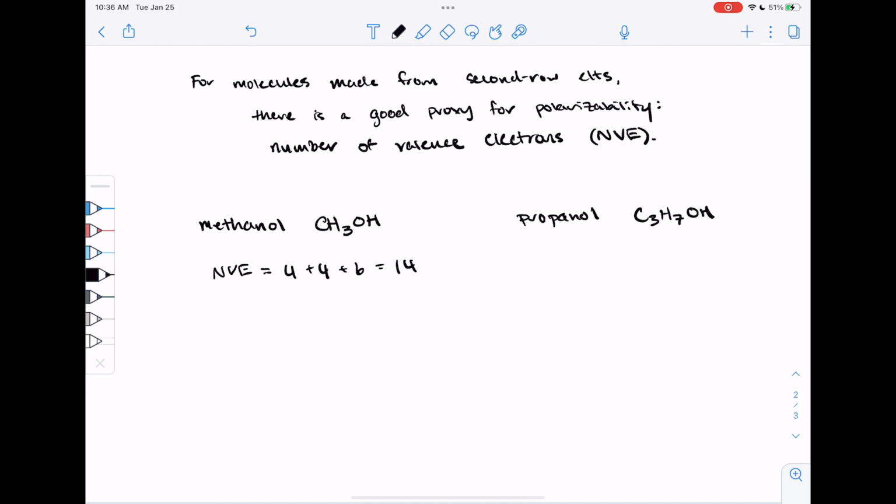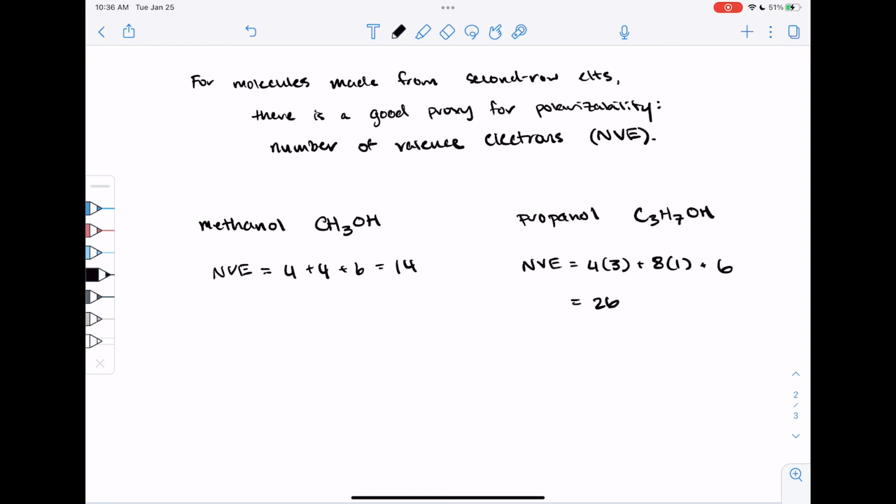And propanol has 4 times 3 plus 7 times 1 plus 8 times 1, actually, 8 times 1 plus 6, which equals 26. And propanol almost has double the number of valence electrons as methanol.